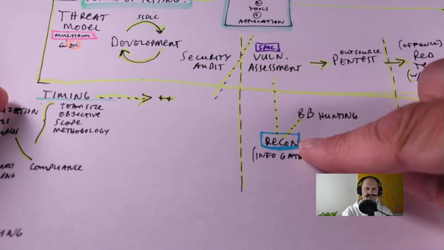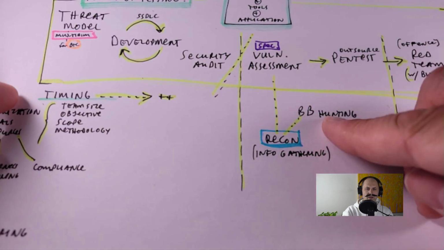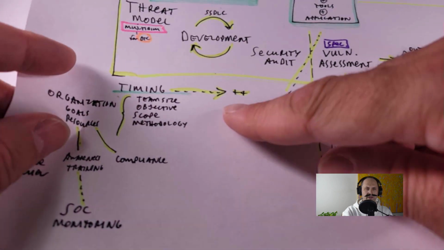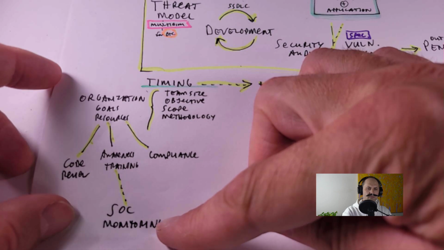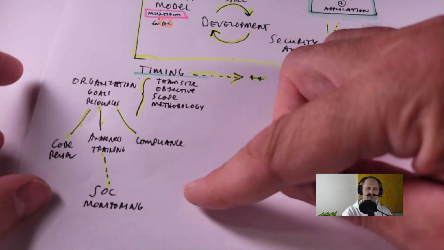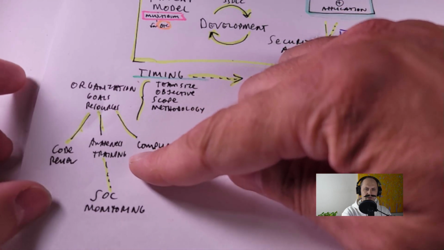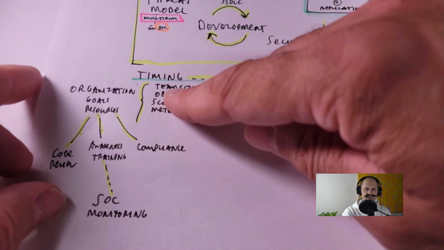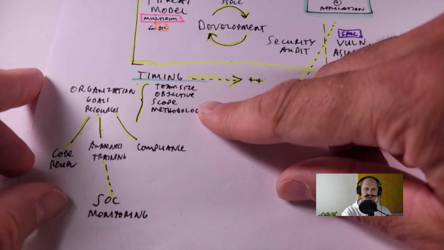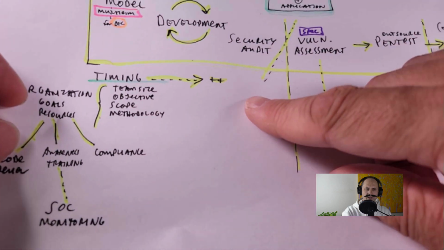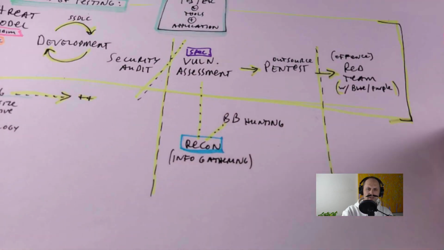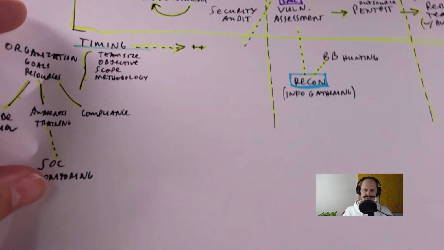And so inside the vulnerability assessment is more of the recon, right? And then a little bit about the organization and how SOC, Security Operations Center, monitoring is a part of perhaps the awareness and training within the organization, which has certain time to work on everything, a certain team size, objectives, scopes, and methodologies. And all this begins to make sense as you work through it.